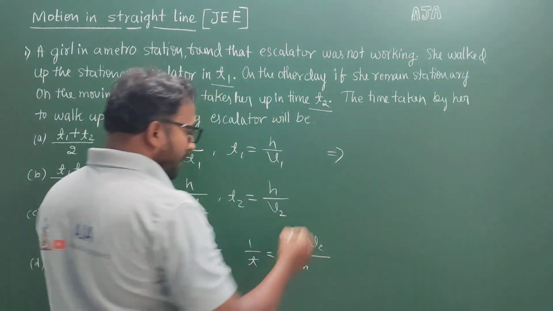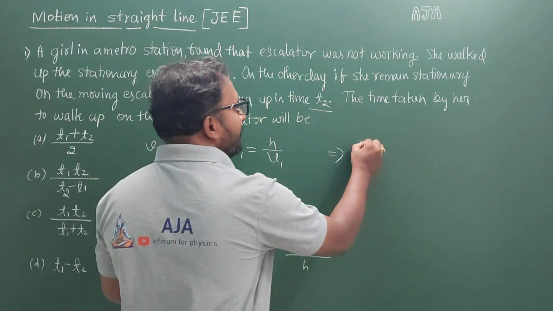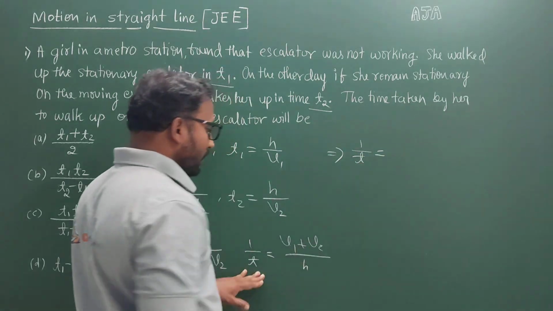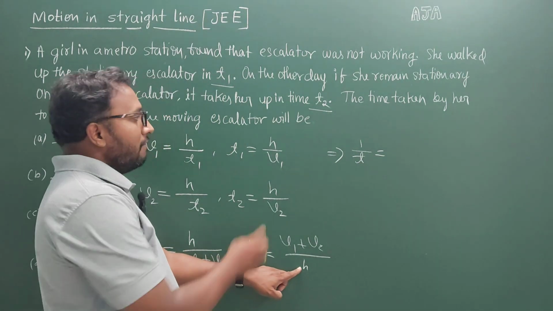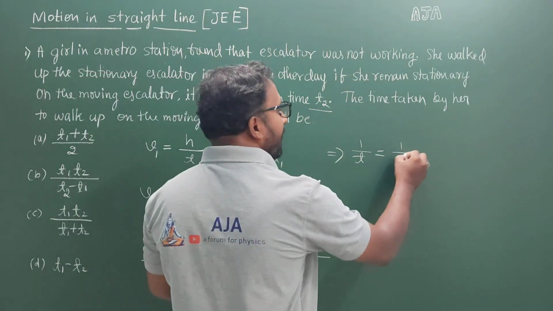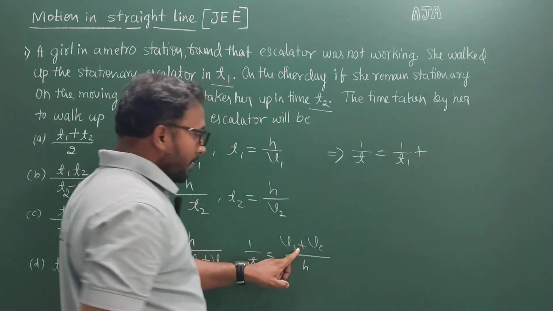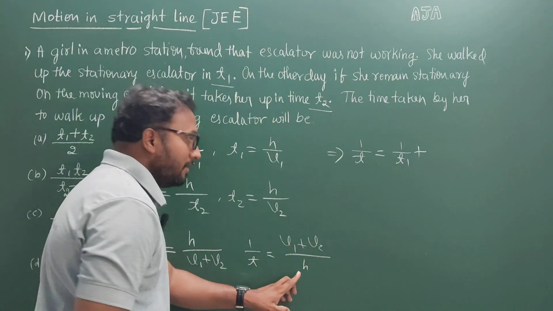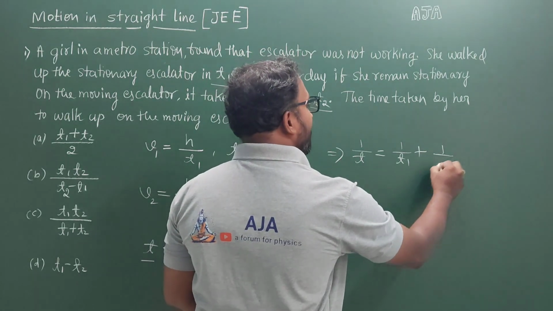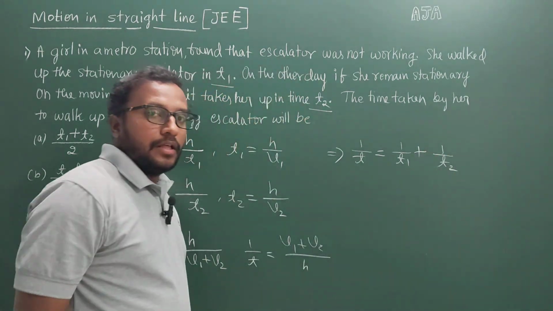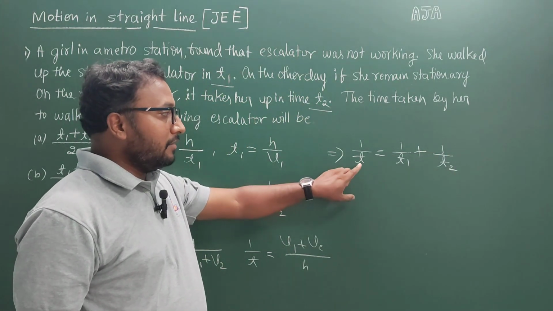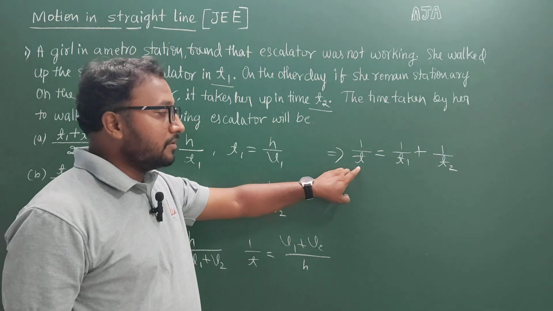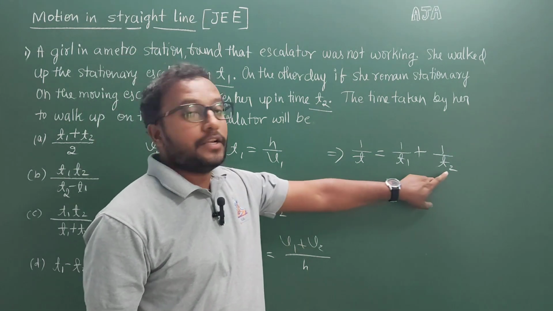So finally this equation can be written as 1 by t is equal to 1 divided by t1 plus 1 divided by t2, because h is common for both the terms in the numerator. So this is actually the relation between the time asked in the question and t1 and t2.